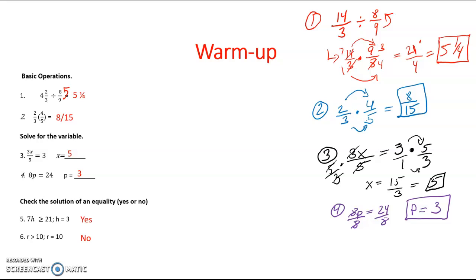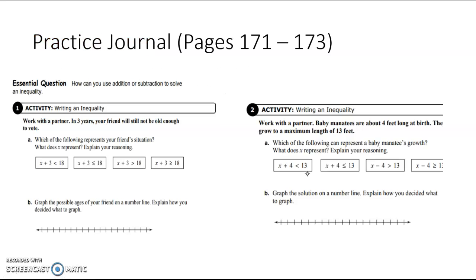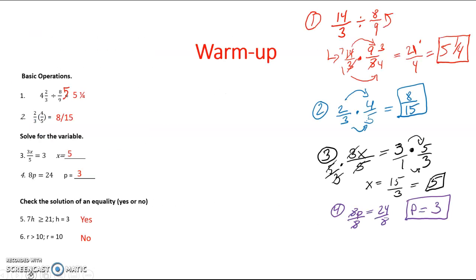All right, so number 4. So I'm going to go up here. Let's go with green again. So once I can do number 5 and 6, all I need to do is check the solution. So what I'm going to do is plug in that 3 in place of the h. All right, and then that way I can check that solution.